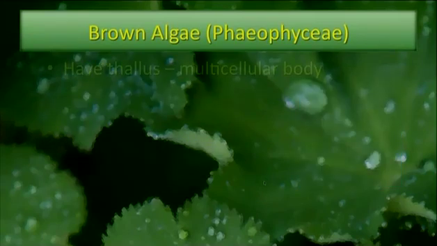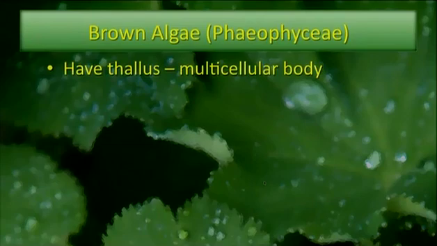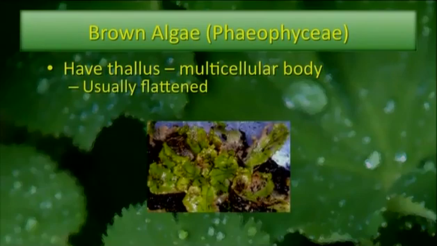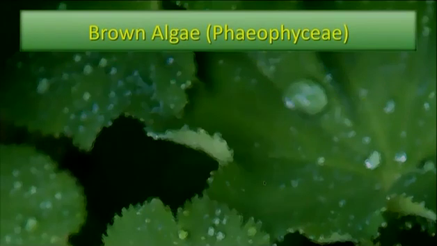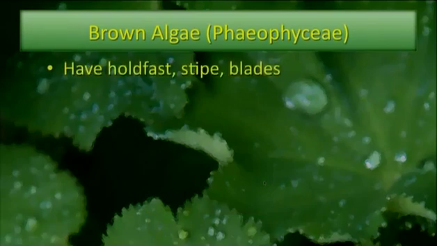Okay. So they have a thallus, which is a multicellular body, which is usually flattened. And it's not organized into leaves, stems, and roots, even though they actually have holdfast, stipe, and blades. The holdfast is a tough structure that looks like intertwined roots, resembles a mass of roots.